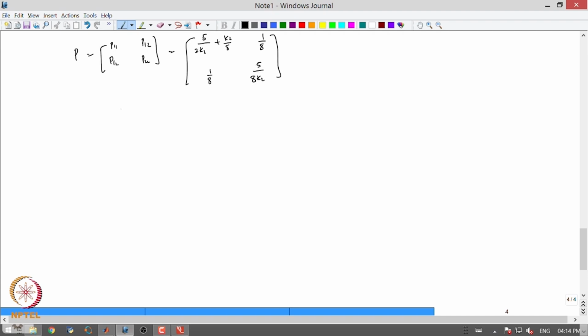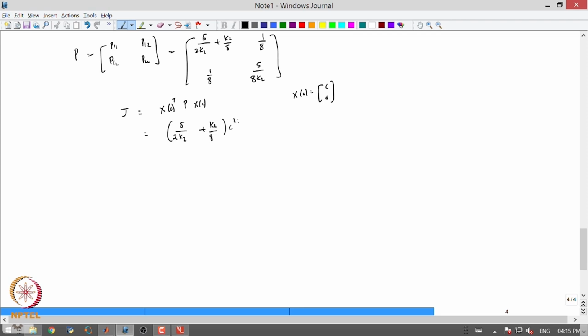The performance index J is equal to x 0 transpose P x 0. I substitute for all these things, where x 0 was of the form c and 0, and I get 5 over 8 k 2 plus k 2 over 8 times c square.